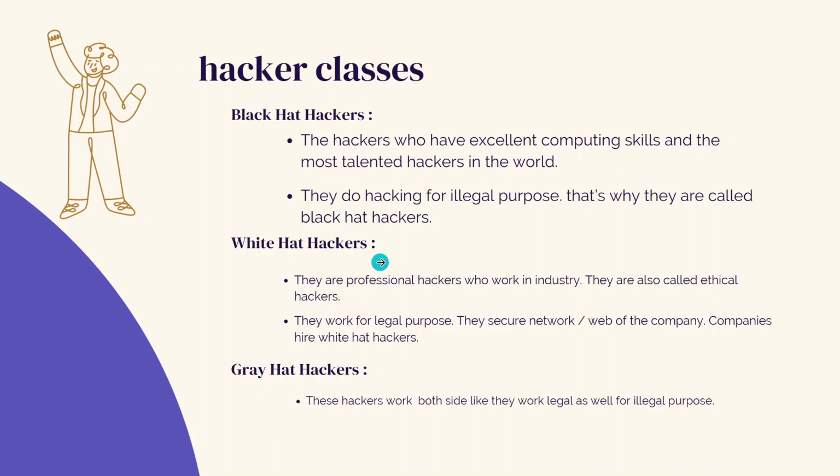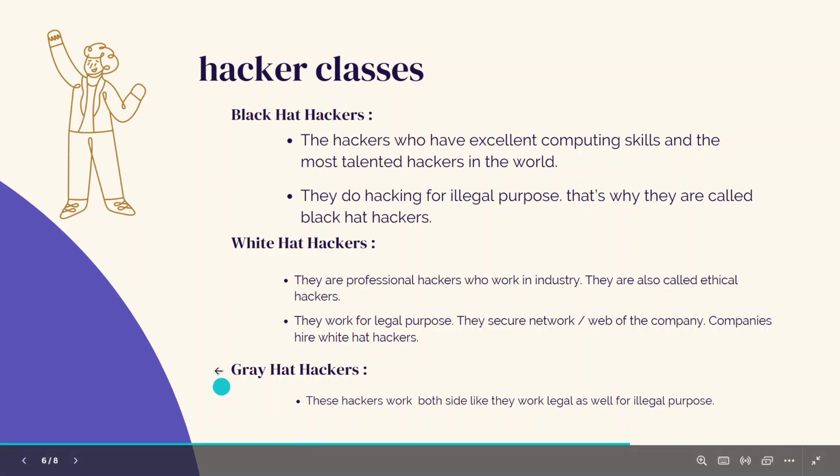White hat hackers work under the law, and they do everything with the permission of the related persons or company. Another is the grey hat hacker. These hackers work both sides: they work for legal as well as illegal purposes.